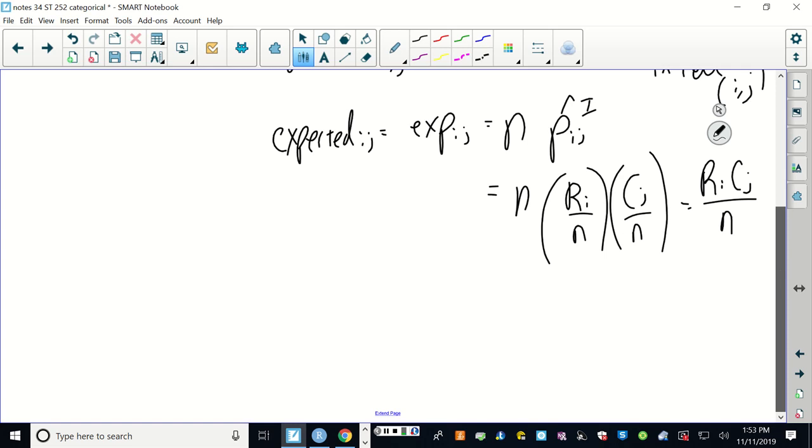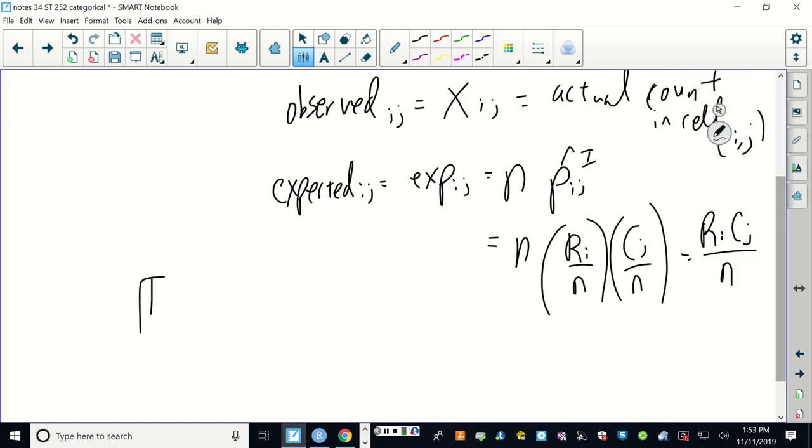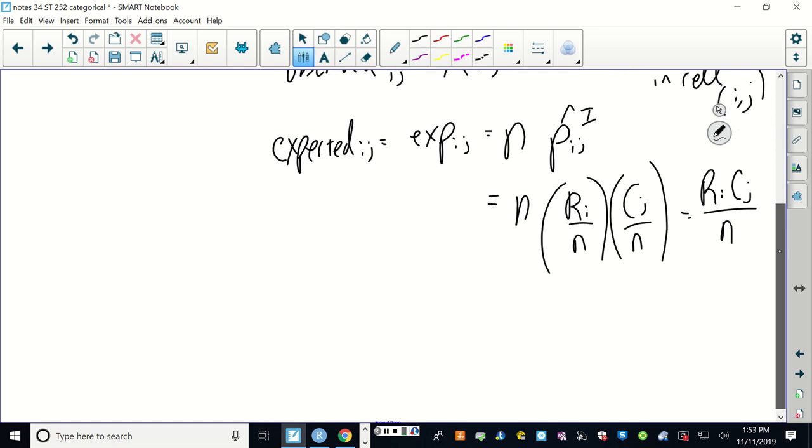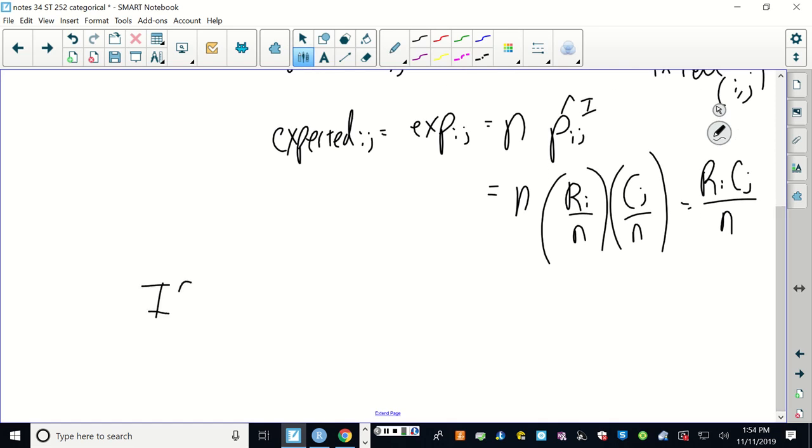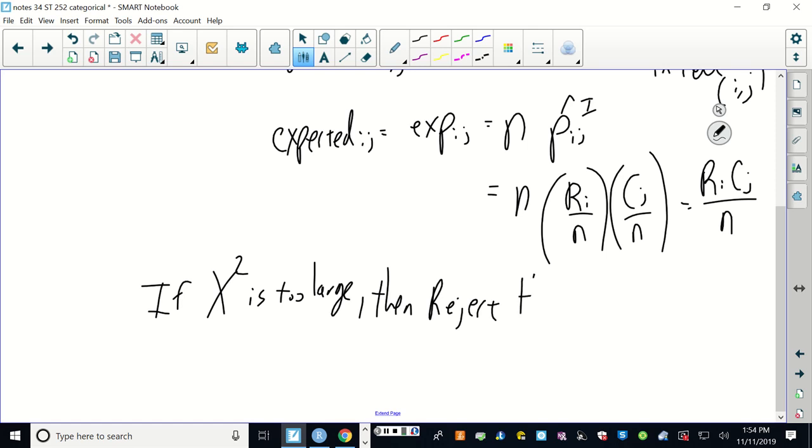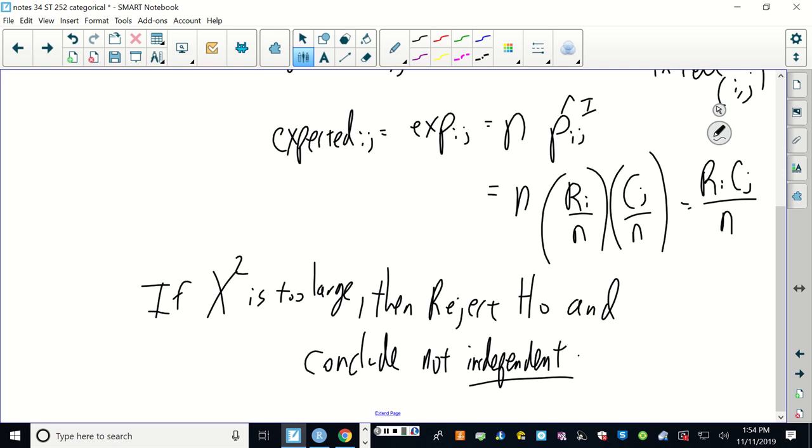So the prescription is, if X squared is too large, then we're going to reject the null hypothesis and conclude not independent. Which means that the row and column variables are associated with one another.